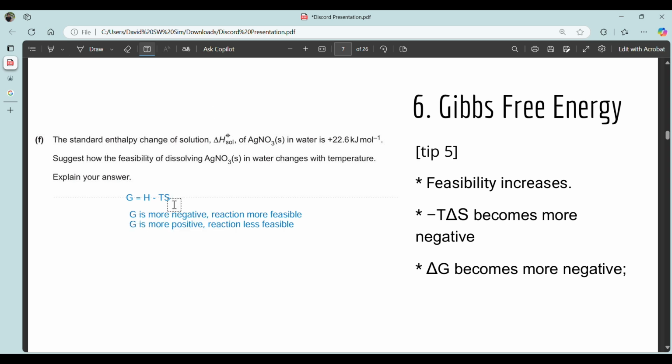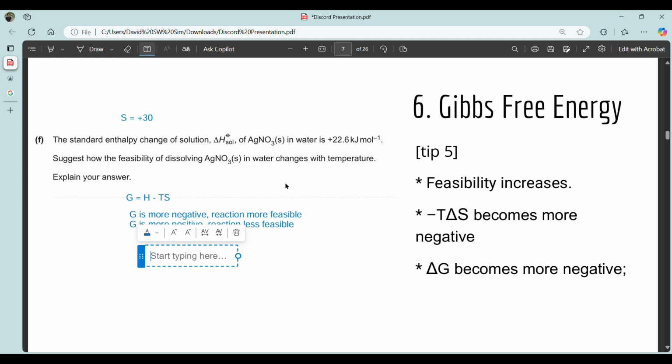In this case, we have to look at the standard enthalpy change and the entropy change. Entropy change was in a previous sub question, and sorry, I forgot to write it here. The entropy change is a positive number, so let's just say plus 30.